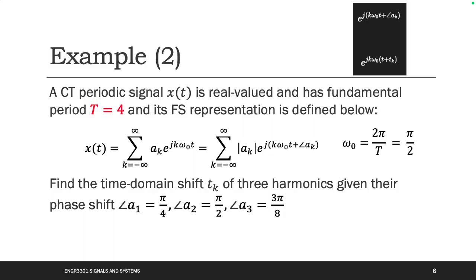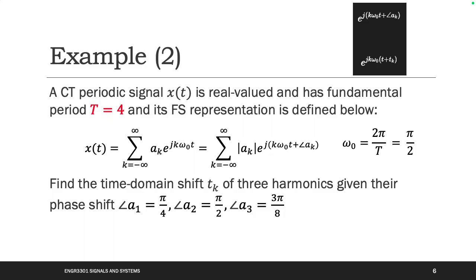So k omega_0 t plus a_k equals k omega_0 t plus k omega_0 t_k, and this part can be removed, right? That makes sense to you? Solve for t_k. So t_k equals a_k divided by k omega_0.